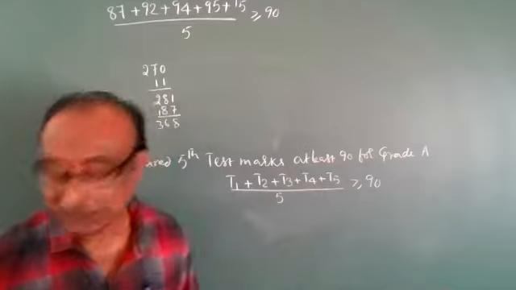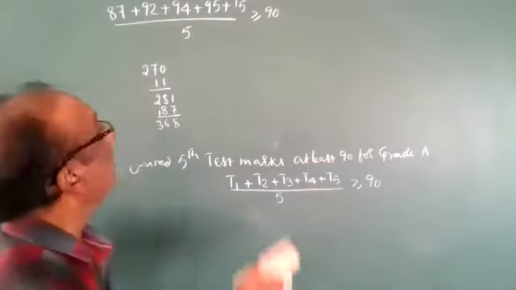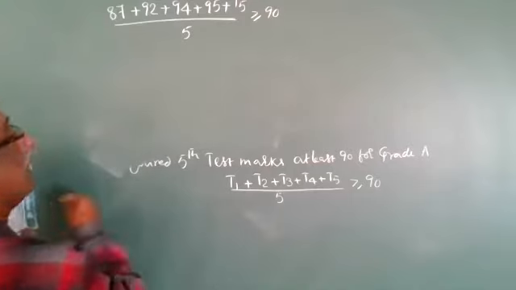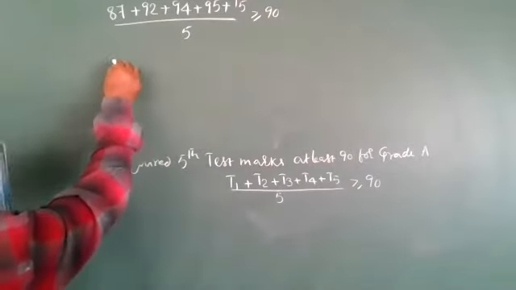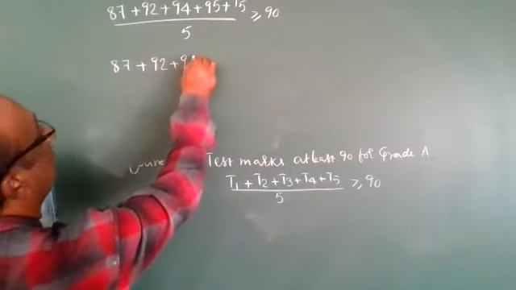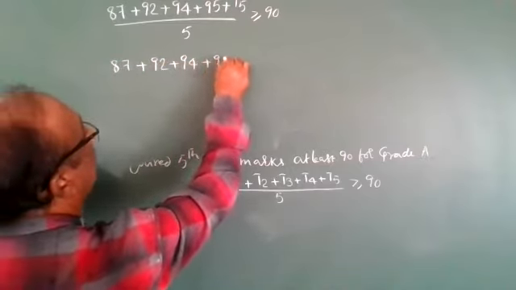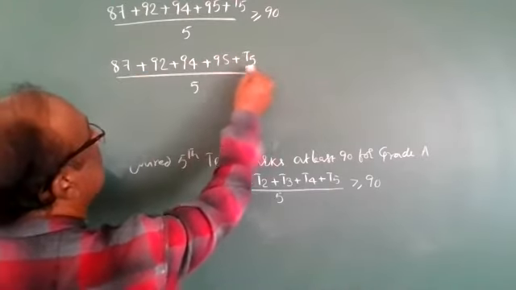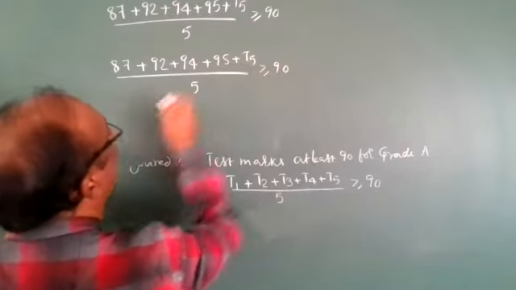Adding, tell me what is the adding marks. 87, 92, 94, 95. T5 is required divided by 5 is greater than or equal to 90.